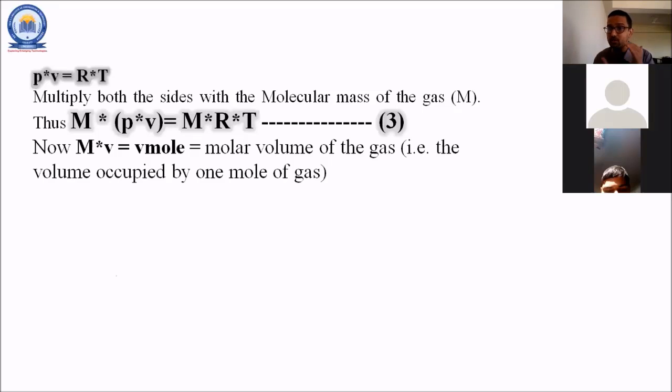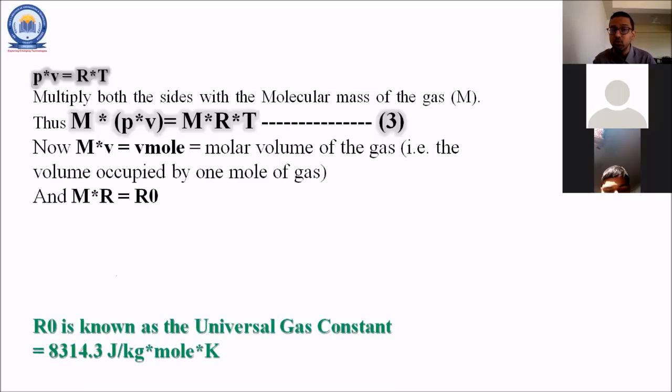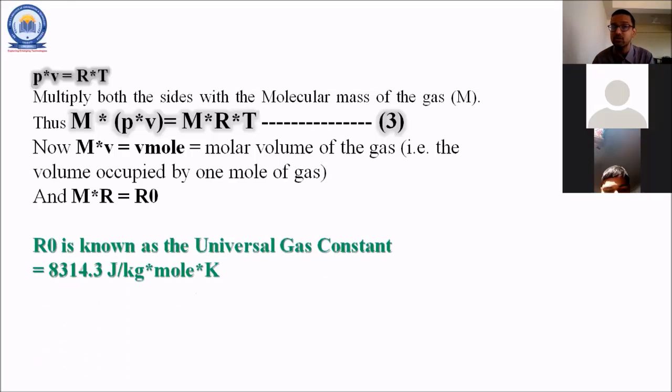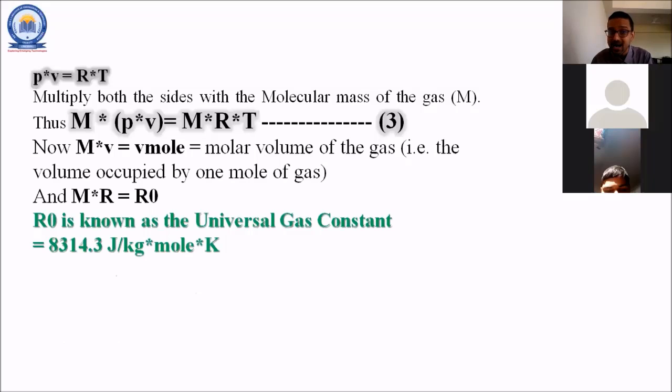I hope you have studied all these points at your school level and you are remembering all those points. And capital M into R, that is the product of molecular mass and characteristic gas constant, that is R0. And R0 is known as the universal gas constant. The value of R0 is 8314.3 joule per kg mole Kelvin.